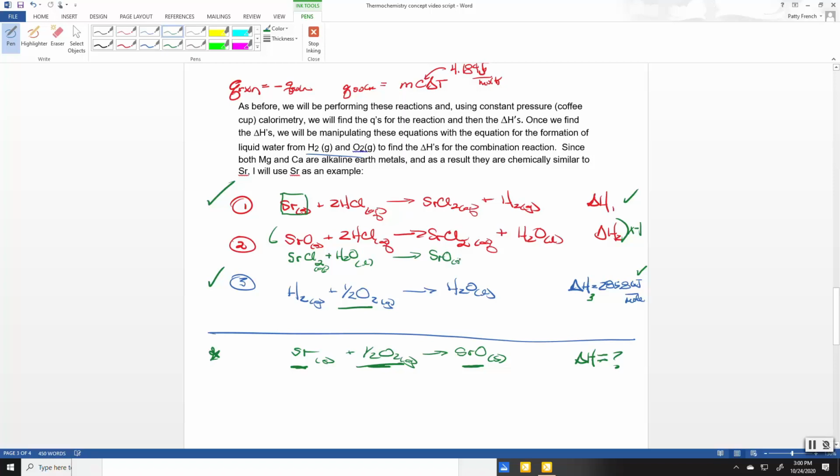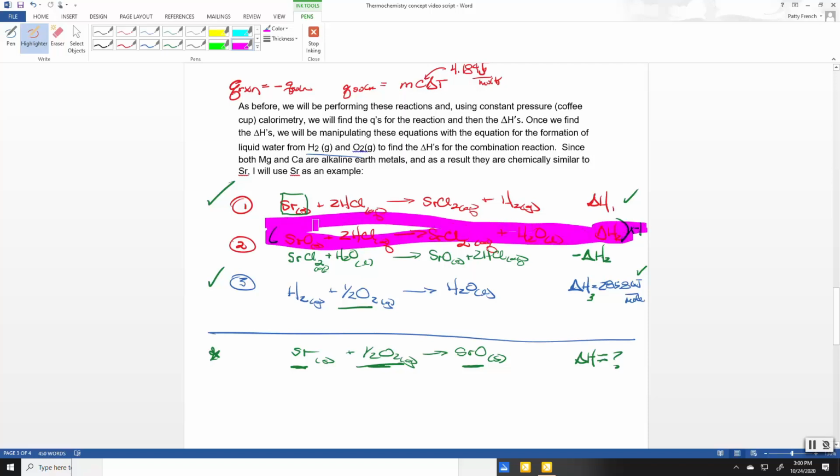And what's going to happen to that delta H? Yeah, the new delta H we're going to have is negative the original delta H. So I'm going to just cross this whole thing off because I don't need it anymore. Okay, that's, whoops, getting carried away there. That's gone. Now I'm going to go ahead and add these up.